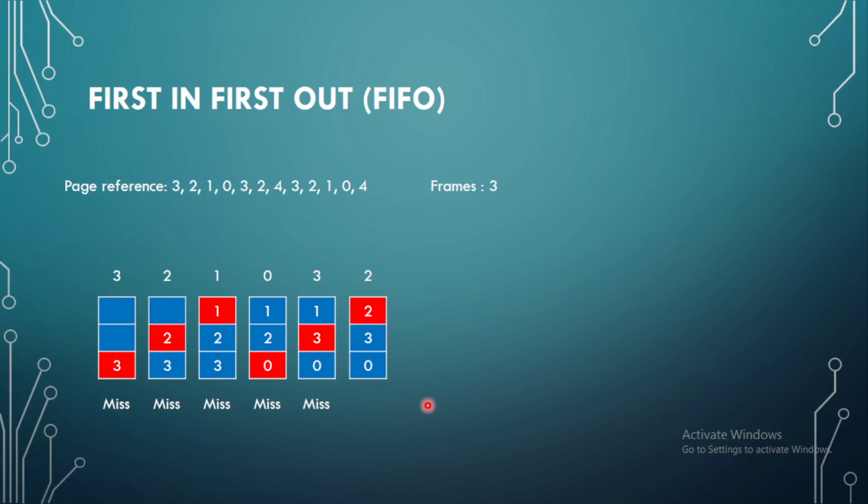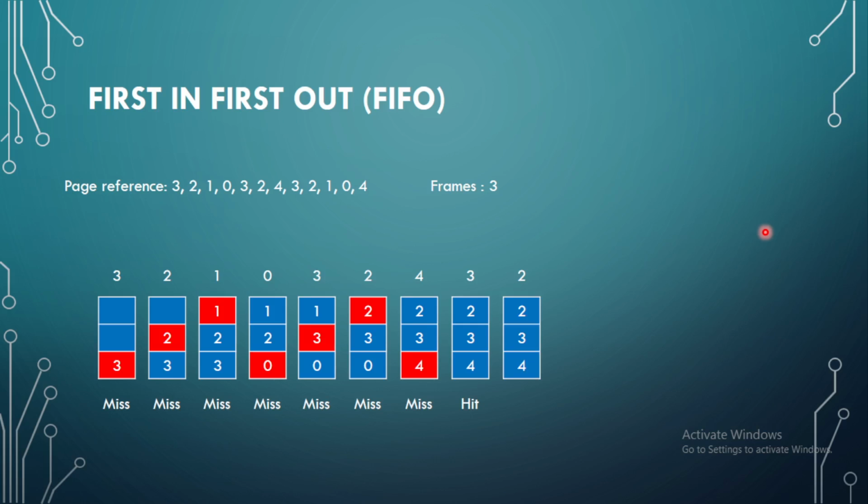And then 4 is not available, so we are going to replace 0 with 4, so there is a miss. And then 3 is already available in the physical memory, so it's not a page fault, it's a hit. And then 2 is also already available in the primary memory, so there is no need to replace, so it's also a hit.